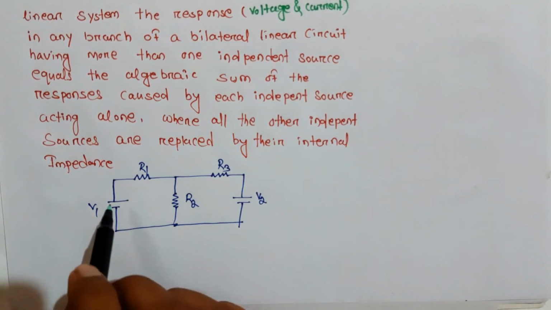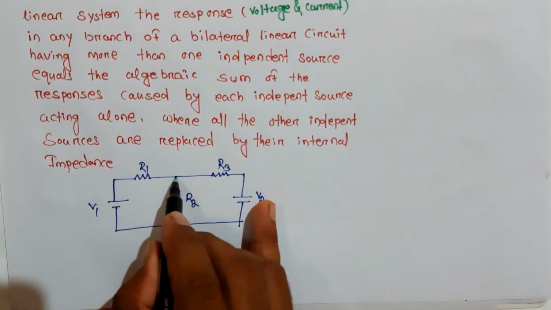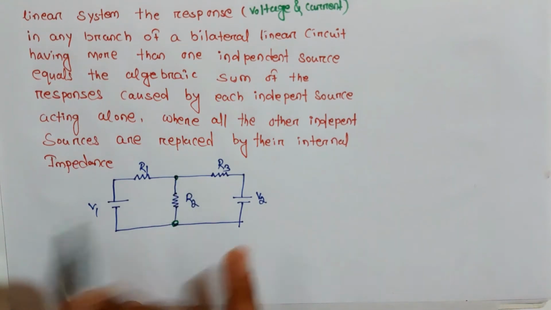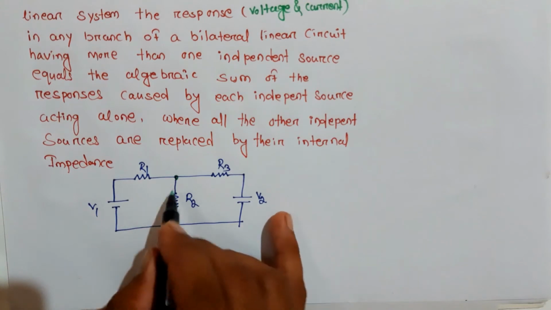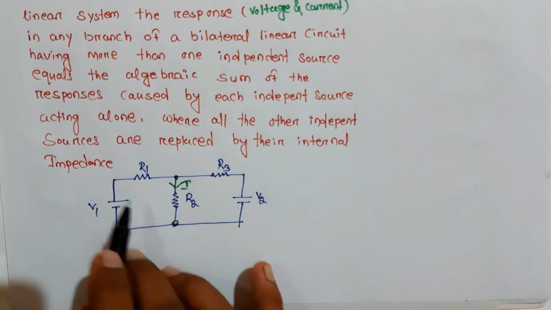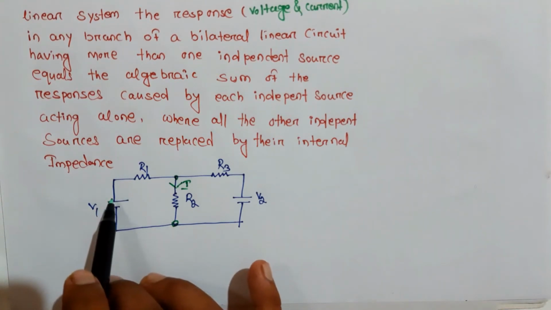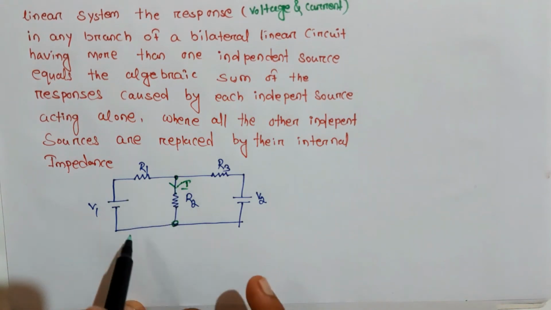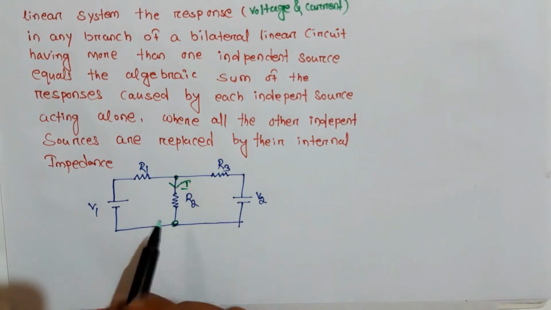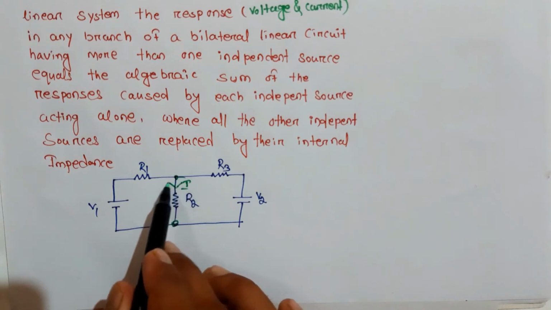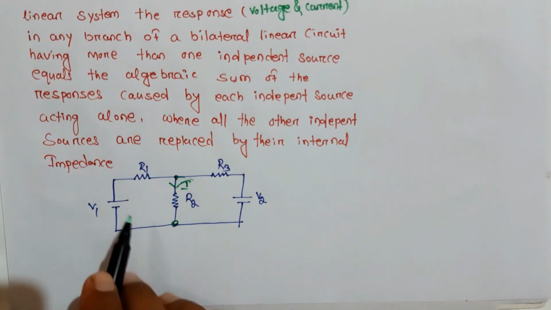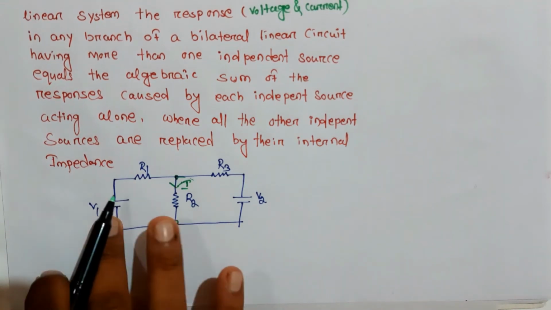So this theorem states that if we find the current or voltage in this branch, let the current through this branch be I, it is equal to the sum of the responses of the individual sources. If we connect the voltage source V1 first, then find I, then secondly we connect V2 and find I, the total I is equal to the sum of I1 and I2, the algebraic sum of this response and this response.